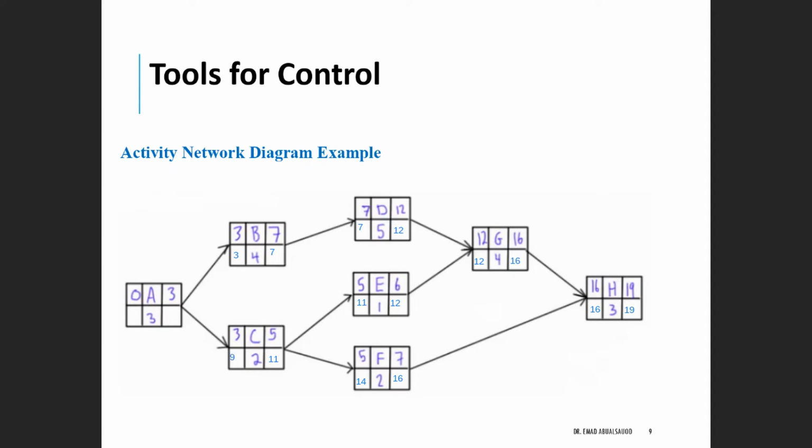Now, again, for activity A, we have two successors, which are B and C. And we select the minimum one, which is the 3. So we will have 3 here, and 3 minus 3 would give us 0. So by this, we have finished the third step after we have placed the tables or the matrix instead of the letters.